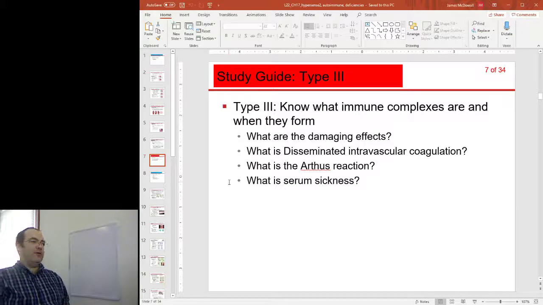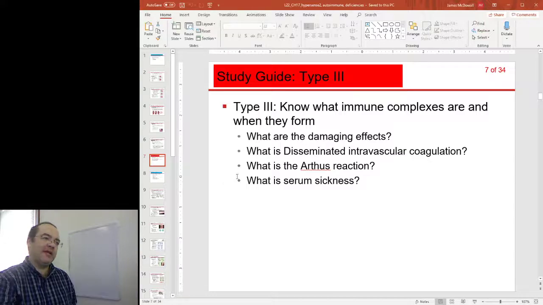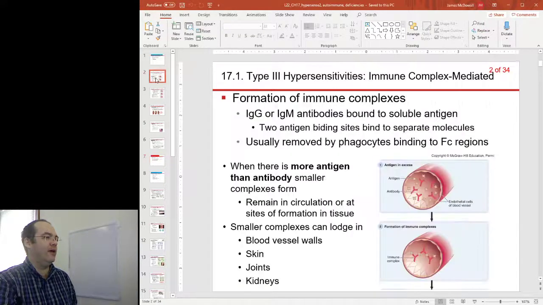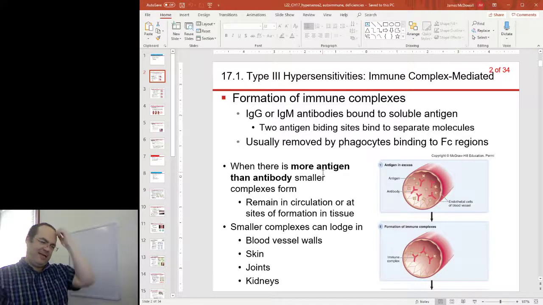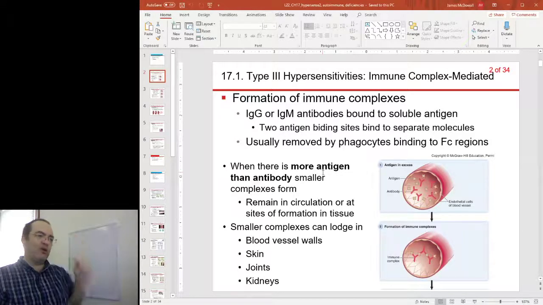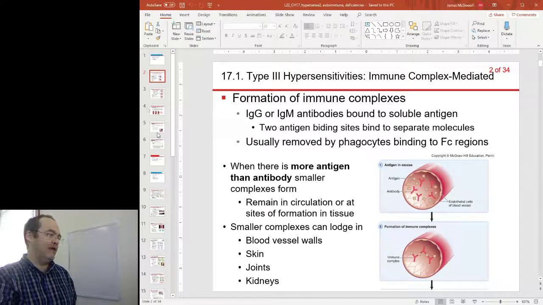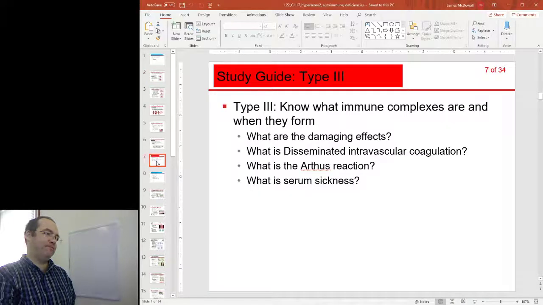Okay, so type 3 on slide 7 here. Know what immune complexes are and when they form. In particular, know the significance of the amount of antigen compared to the antibody in terms of the size of the complexes that are being formed. Smaller complexes are the ones that cause problems in particular.